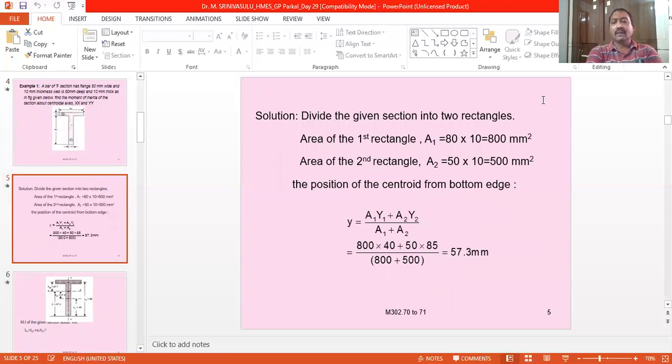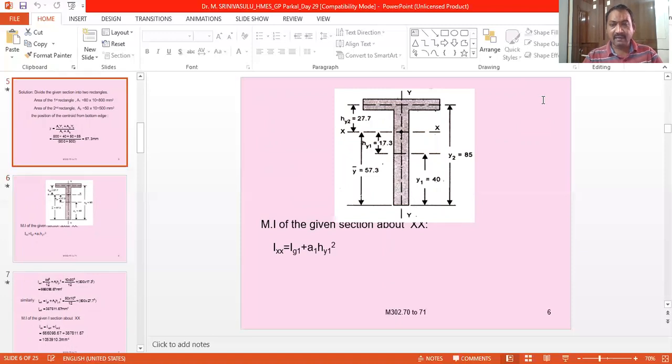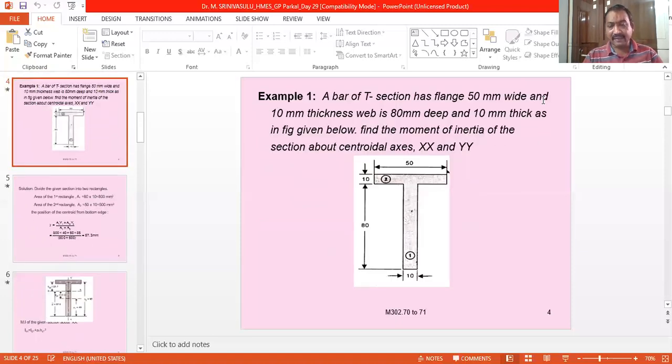Here, first of all, the given T section is divided into two rectangles as rectangle 1 and rectangle 2. The web is rectangle 1 and it is having a dimension of height 80 and thickness 10 millimeters.